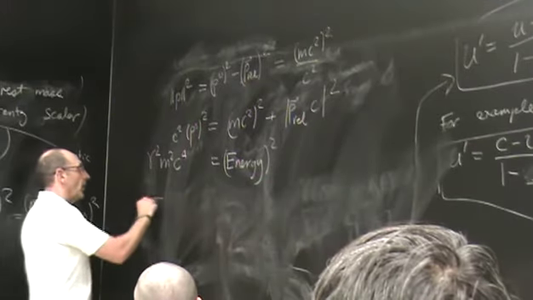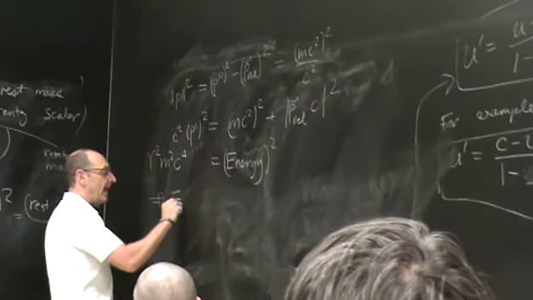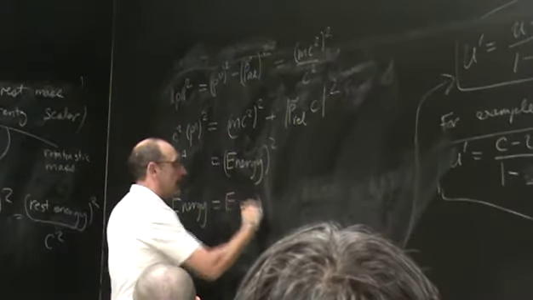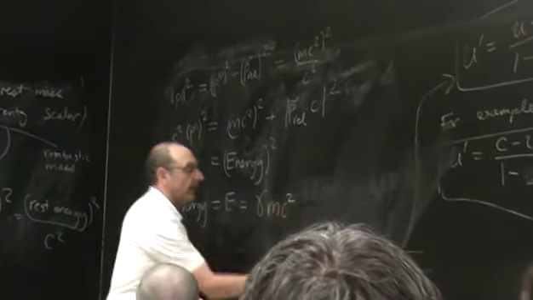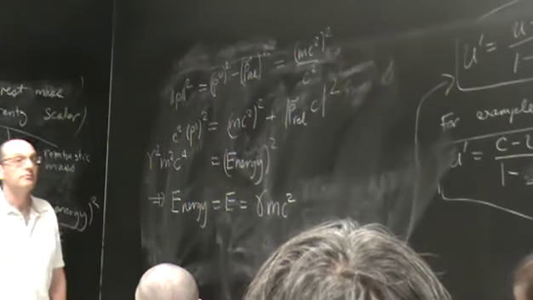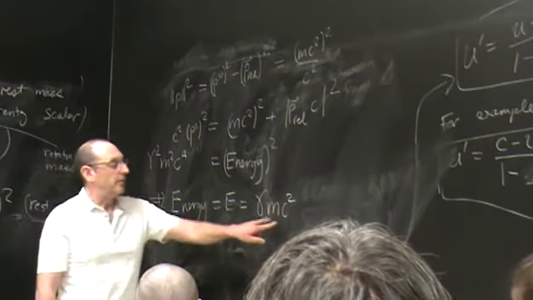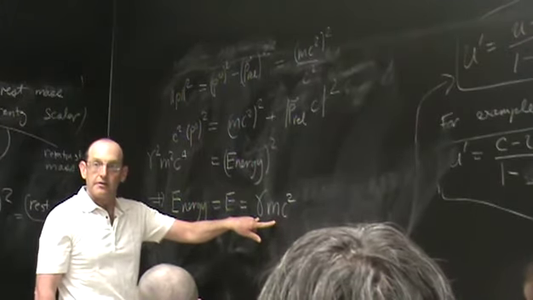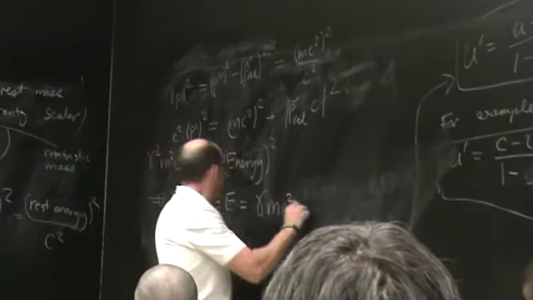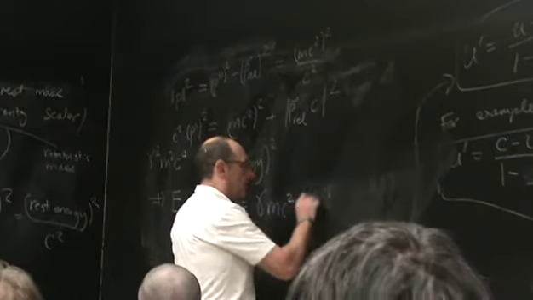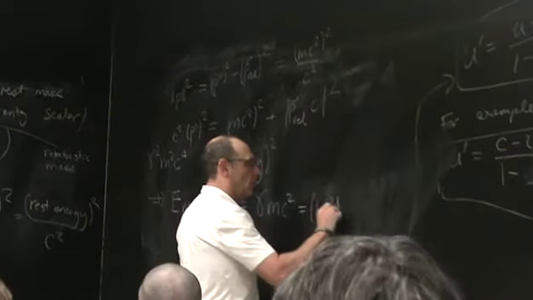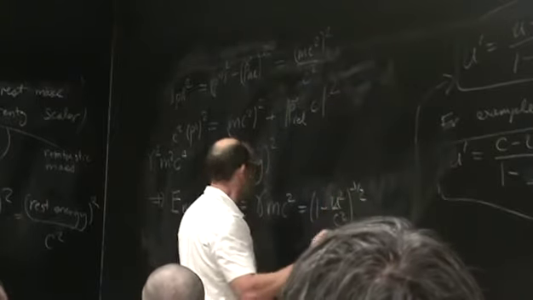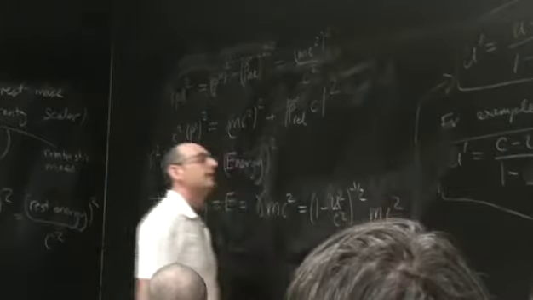Okay, so what I claim is that the energy, E, is equal to gamma mc squared, where instead of just having the rest mass, I have the relativistic mass. Plugging that in, gamma is (1 minus u squared over c squared) to the minus 1/2 power times mc squared.